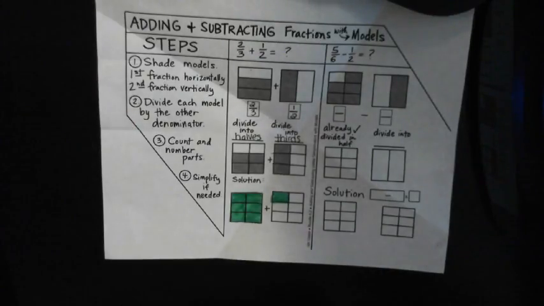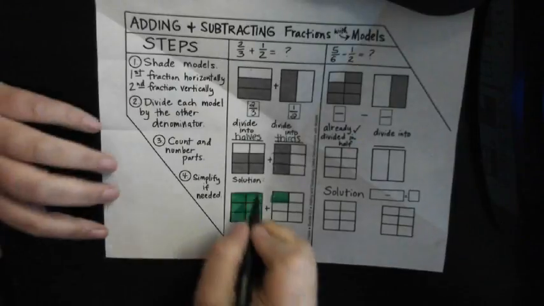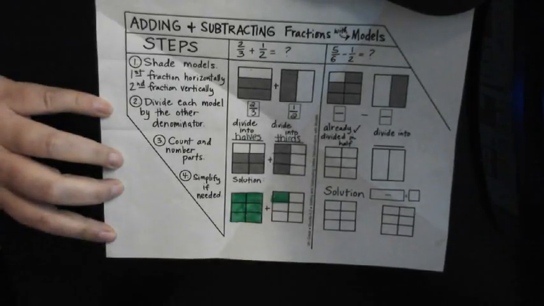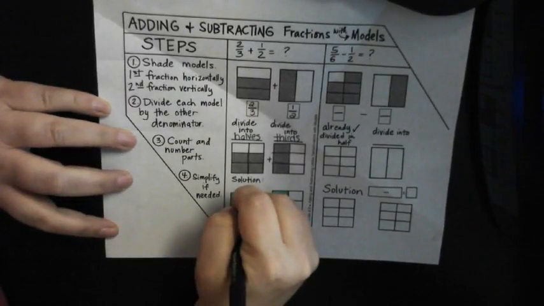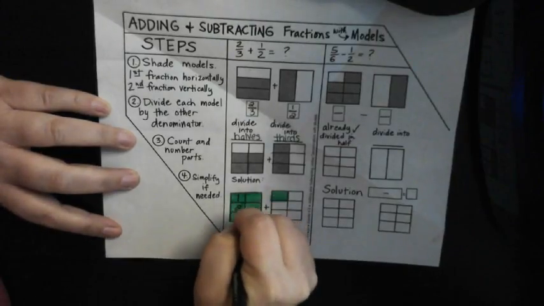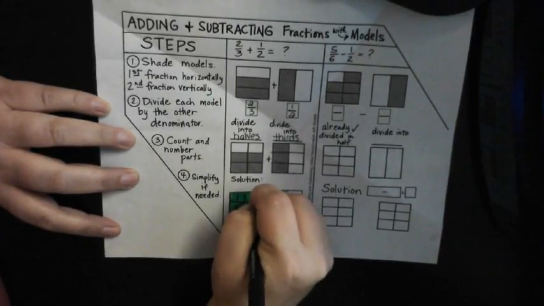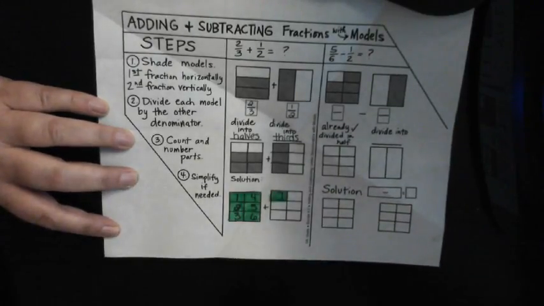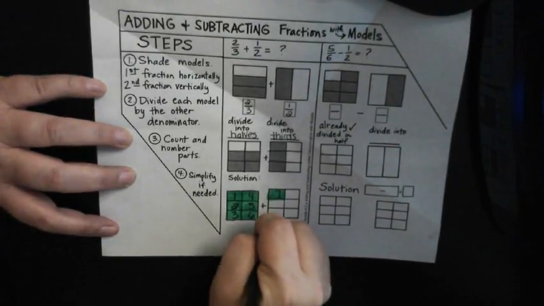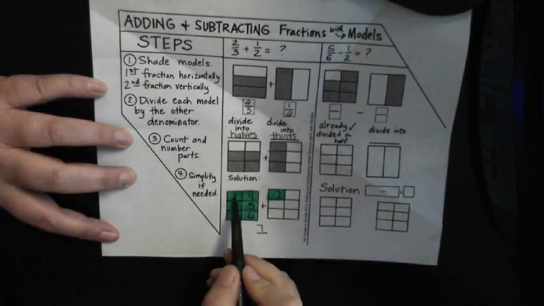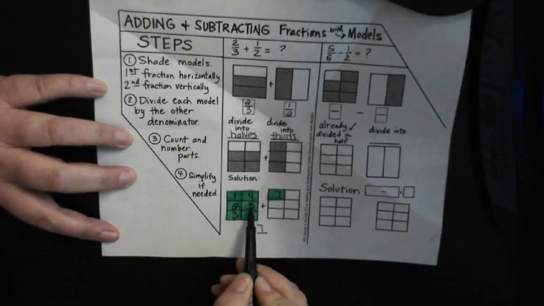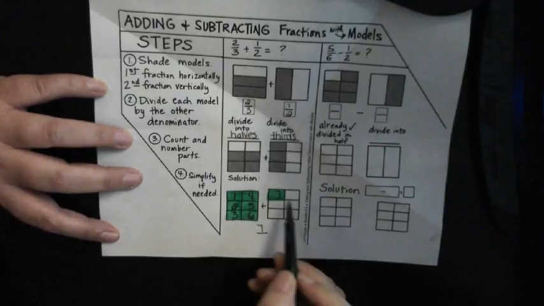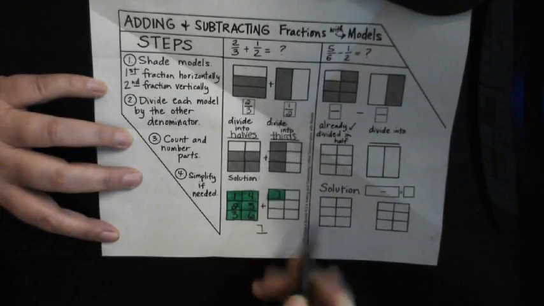Now, let's count and see how many parts I have. So I've got 1, 2, 3, 4, 5, 6, 7 out of 1, 2, 3, 4, 5, 6.